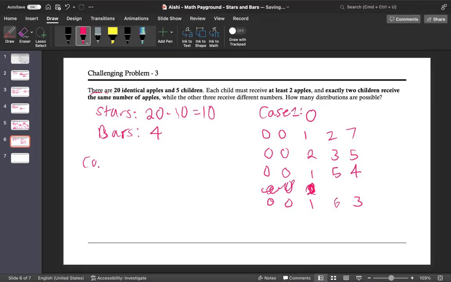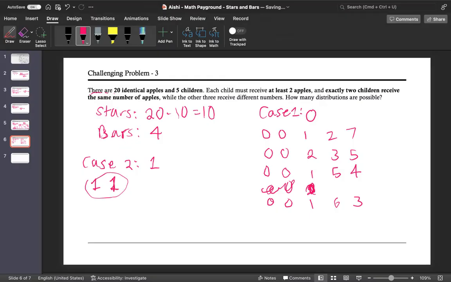Now, case 2 would be where the repeated number is 1. So we have 1, 1, and then the other 3 numbers have to be different. But this time they have to add up to 8 because we already have these 2 over here.